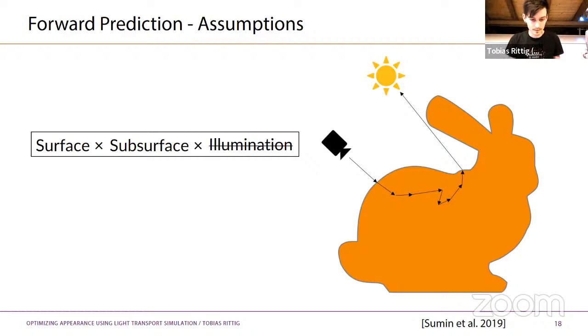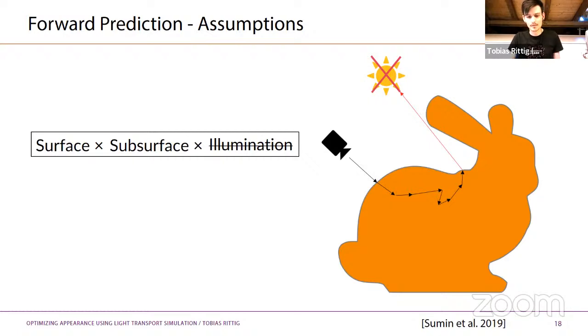And so in our simulations, we essentially factored out the illumination part and put a 1 there that is then propagated through this formula to give us a simulation of what the subsurface scattering part is doing.